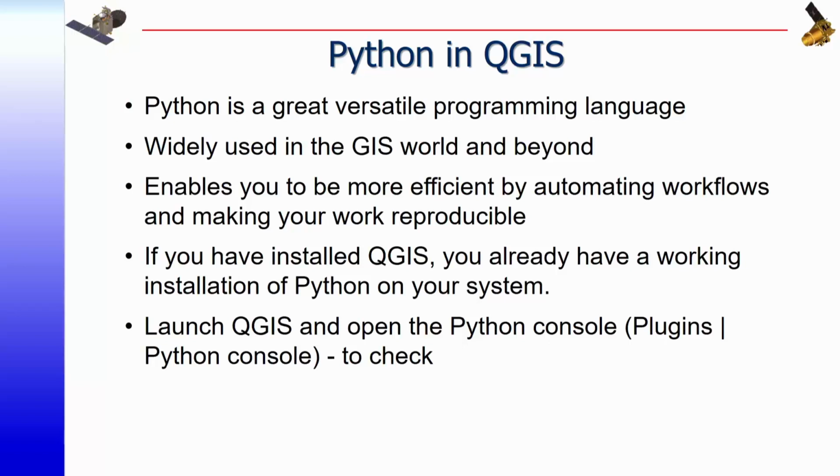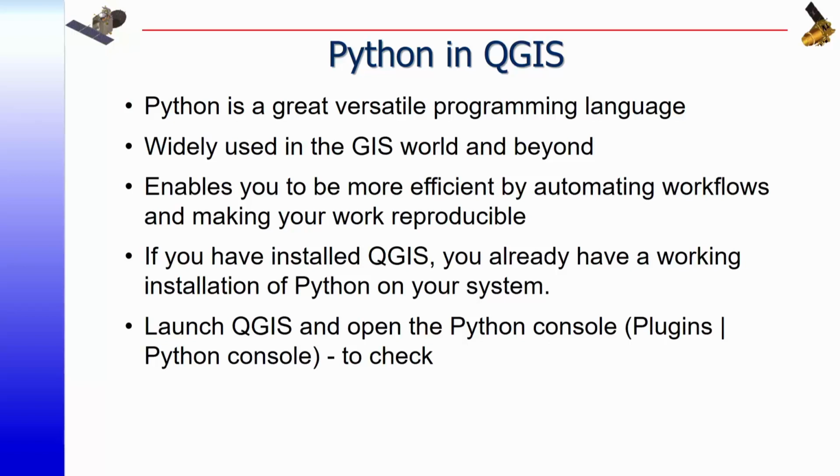So if you have a set of tasks which you have to routinely do, that can be easily automated using QGIS, which makes your work reproducible. If tomorrow somebody says, how did you get this answer, since it can all be automated, Python makes QGIS workflows very easy and automatic.